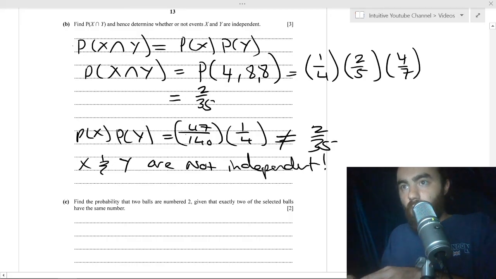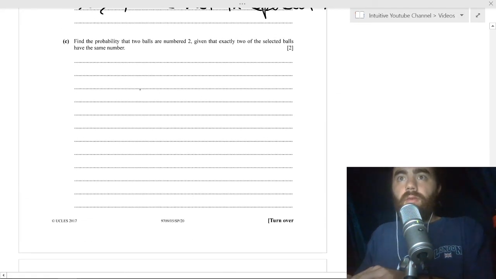Question C. The probability that 2 balls are numbered 2, given that exactly 2 of the selected balls have the same number.